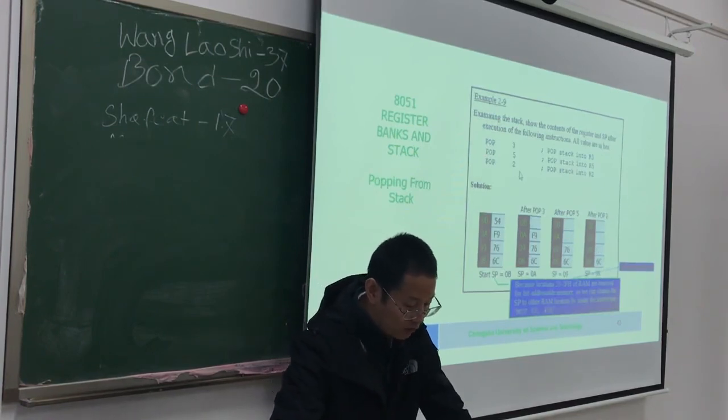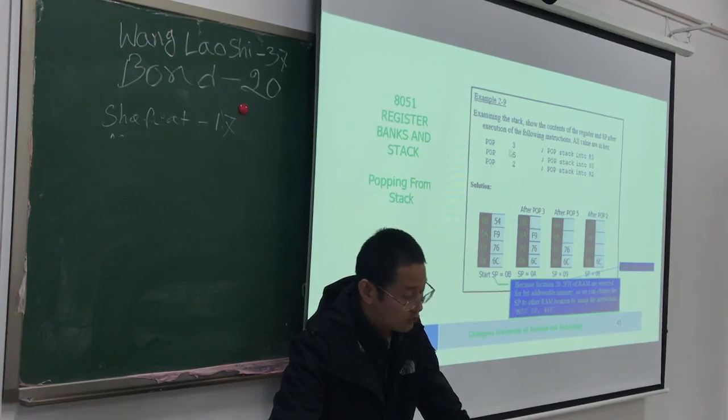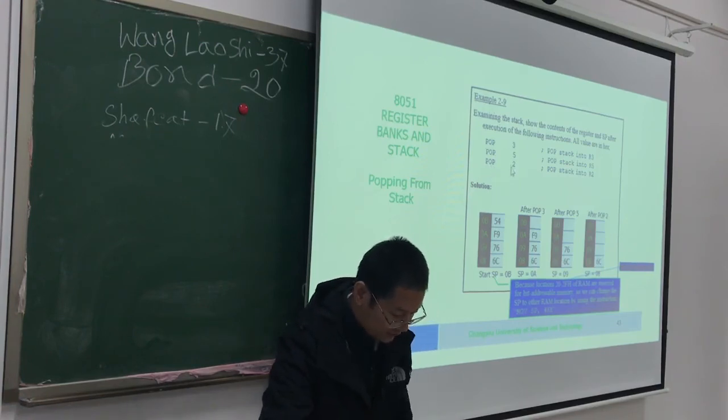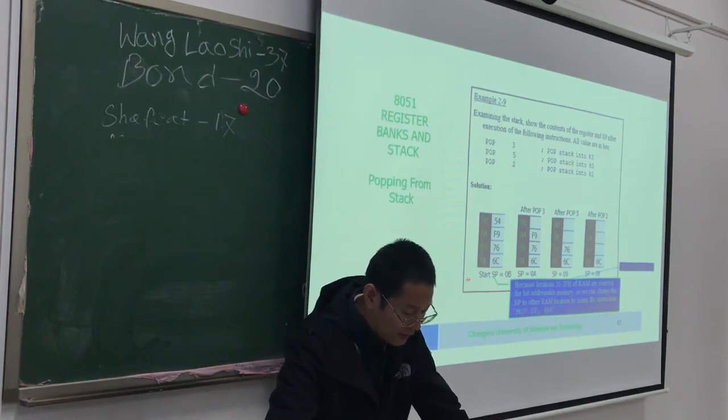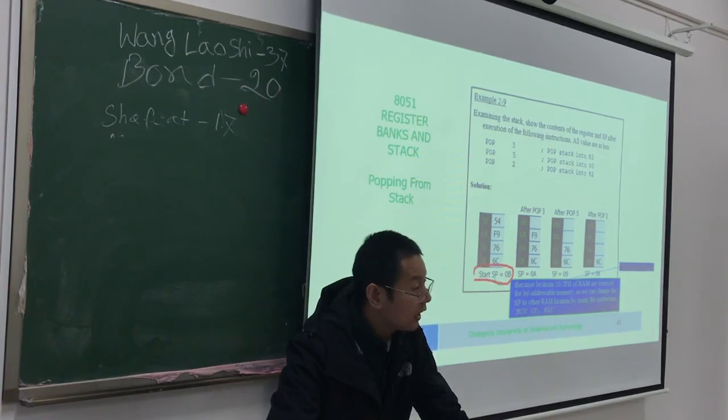For example, we show the pop. Start with the SP equal to 0B. After pop 3, the SP is decremented by 1, so SP is equal to 0A.